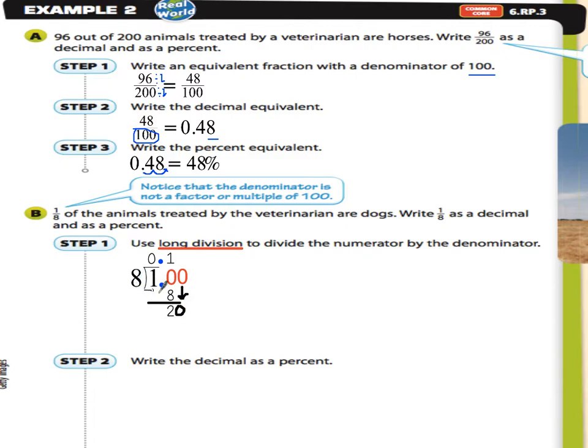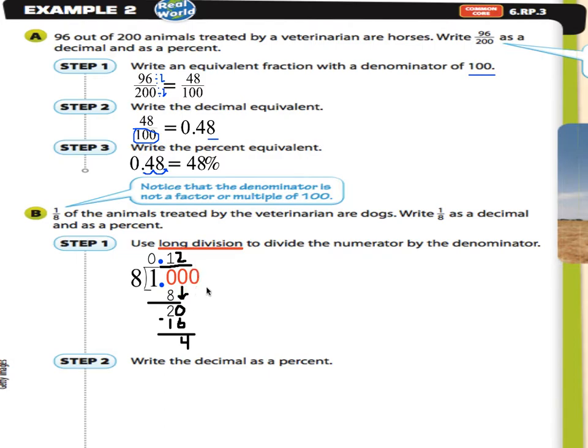Well, how many times can 8 go into 20? Well, 8 can go into 20 2 times, because 2 groups of 8, or 2 times 8, gives us 16. And then I subtract, and I'm left with 4. Well, now I know that I'm still not done because I have a remainder, so I have to keep going.